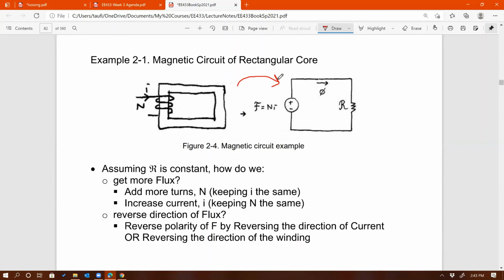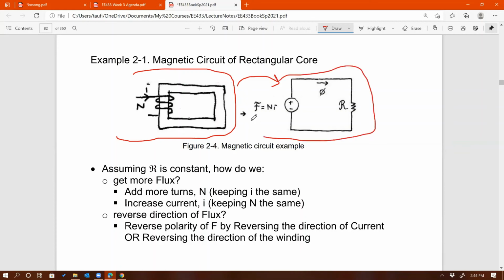If you look at this picture, it is not clear how to increase the flux inside the core. But if you represent it as an electric circuit, now we know how to increase flux, because flux acts like current.